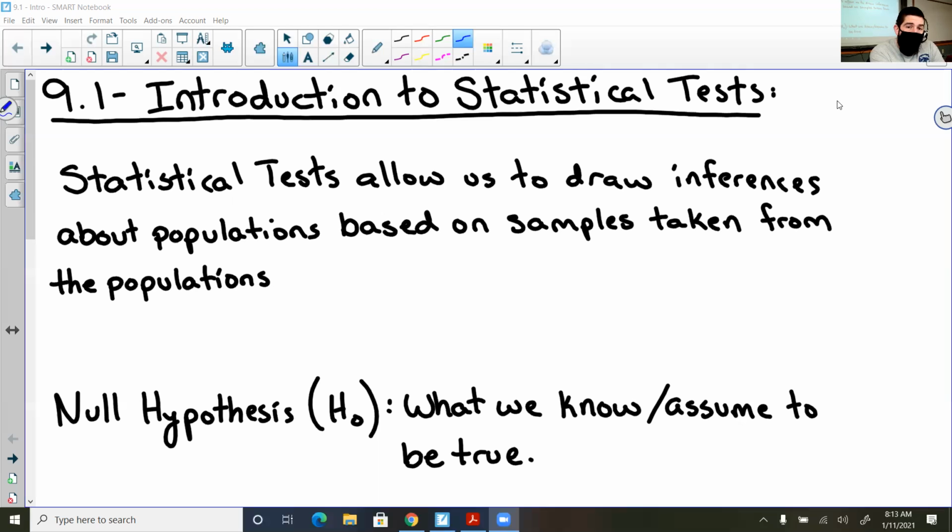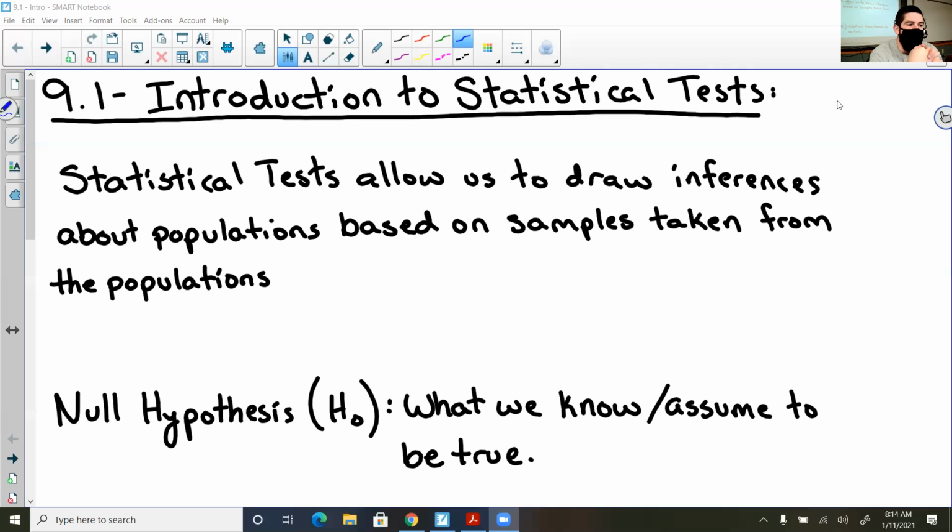And then we have to come up with a test statistic to know where our value falls, find the normal distribution of it, so find the probability of that happening. And if that probability is either small enough or large enough, we can then make a conclusion based off of that. So there's going to be a few steps to all these problems, but today is just going to be a, hey, this is how you do it.